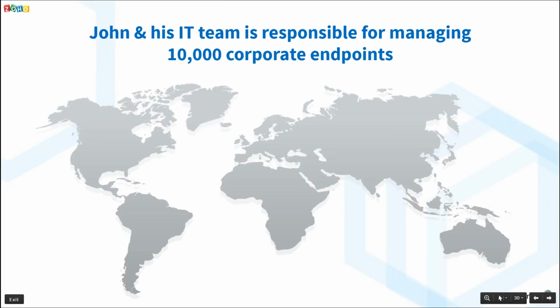To make this training interesting, I have got a scenario. Let's say John and his IT team are responsible for managing 10,000 corporate endpoints, which are located in different geographical locations. Let's say the actual server is located in Dallas, which is their head office, where they have around 3,000 endpoints.